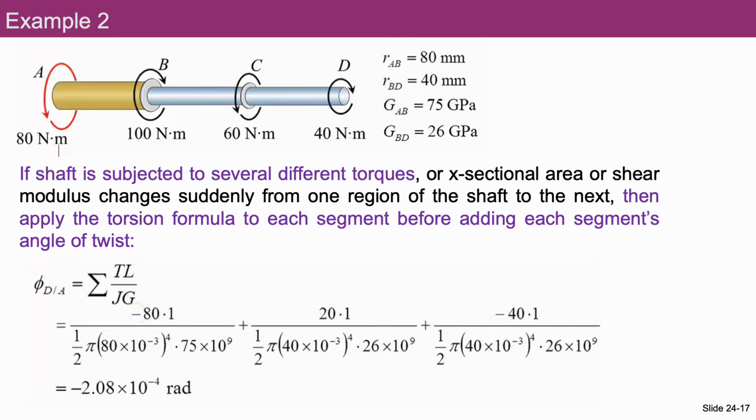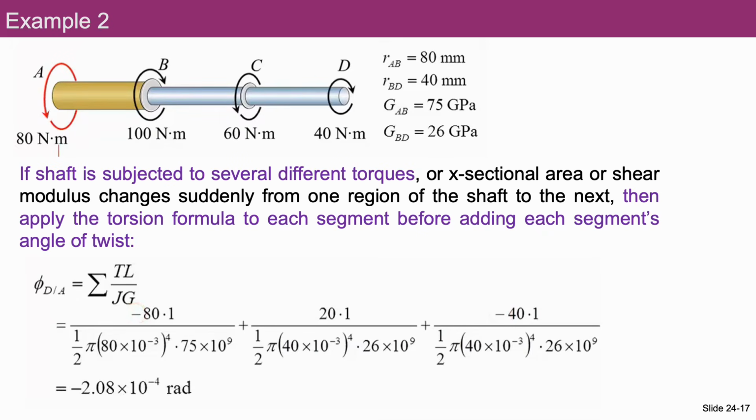But please note that you need to substitute the signs of torques. This is important because some of the parts can experience counterclockwise twisting deformation if the applied torque is counterclockwise, and the part can experience clockwise twisting deformation if the applied torque is clockwise.